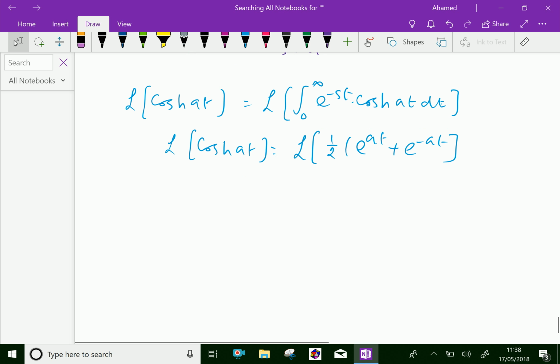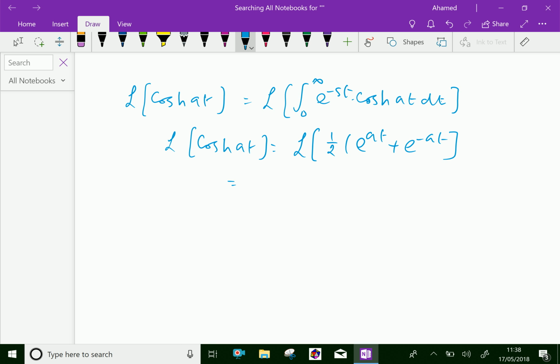After that, by linearity property of the Laplace transform, we can write this as half, take out, the Laplace of e power at plus the Laplace transform of e power minus at.